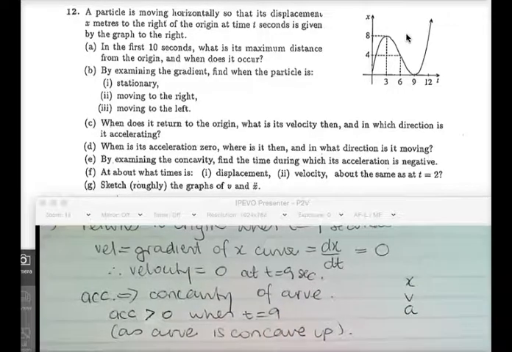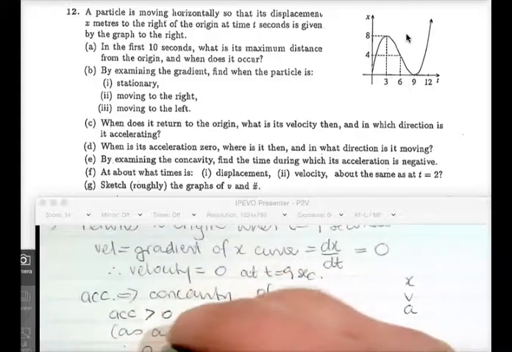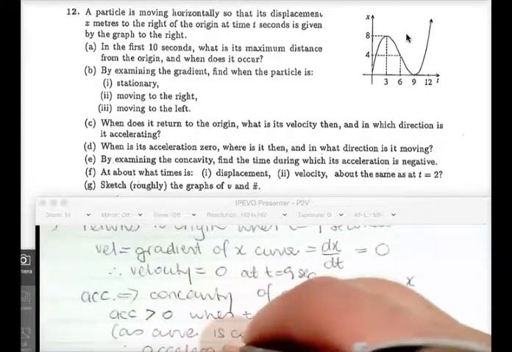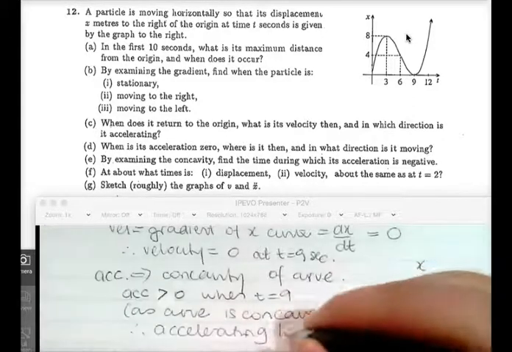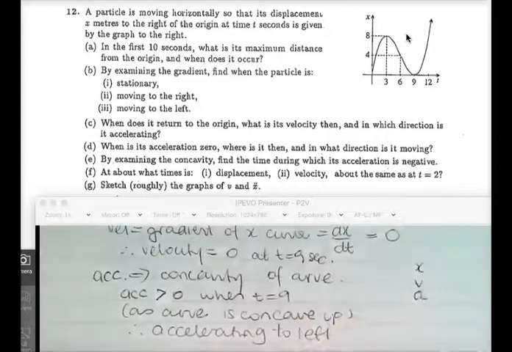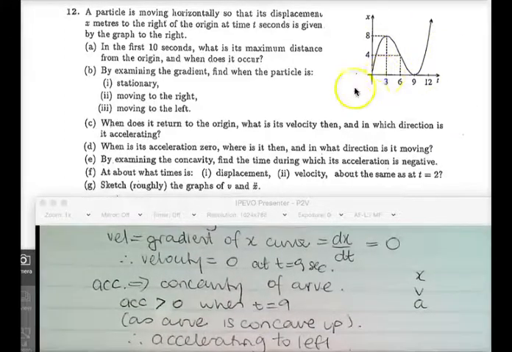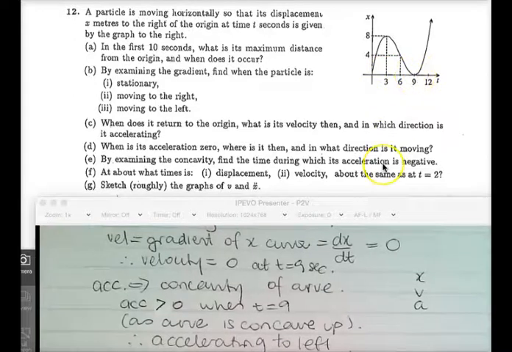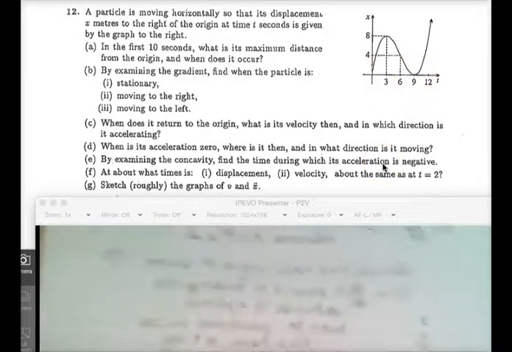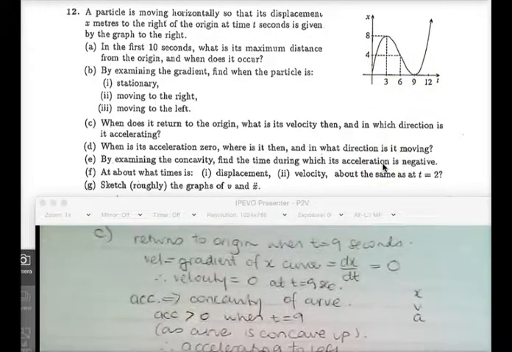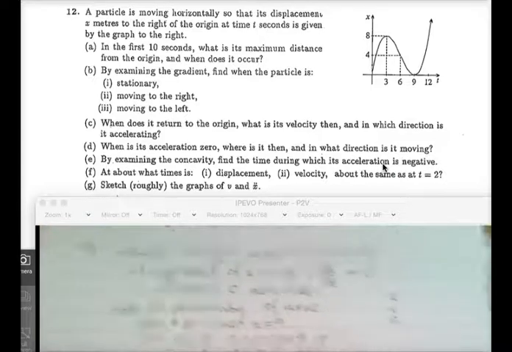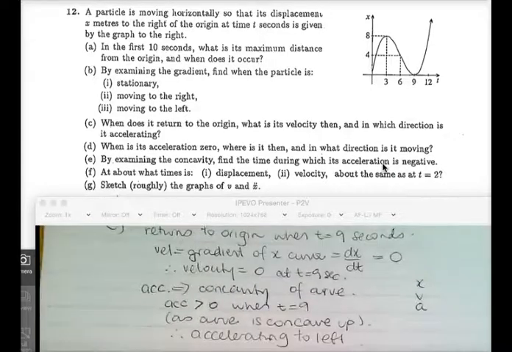Okay, so therefore it's accelerating to the left. So at t equals 9 seconds, the particle is back at the origin. It's not moving, and it's accelerating to the left. In other words, it's going to start moving to the left.